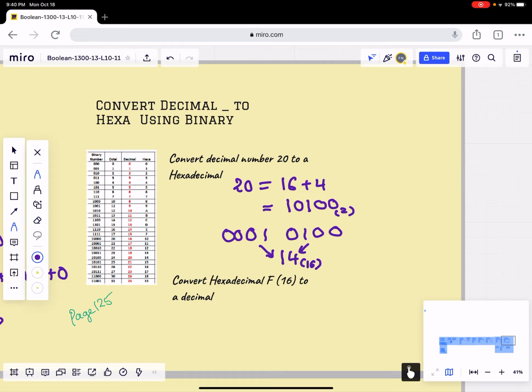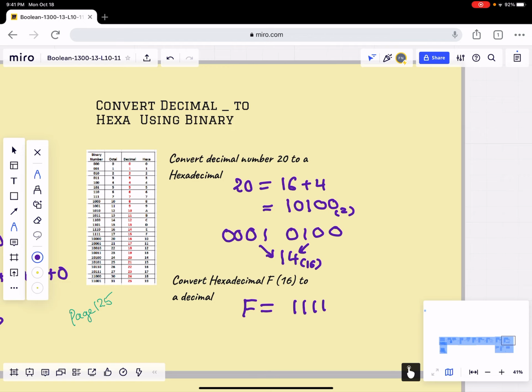Let's do another example. Let's convert hexadecimal F16 to a decimal number. So as you can see, letter F in decimal is 15. All right, so F, you change to binary first. So letter F is 15, that means 1, 1, 1, 1. So it has 4 bits already.